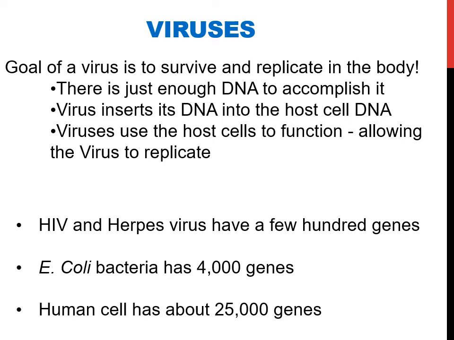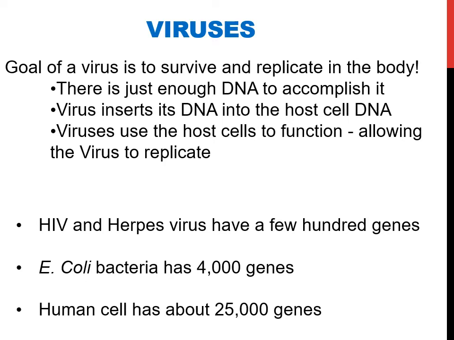Now, luckily, most of the time, your immune system catches up with the virus and destroys it. There are some viruses that can remain latent in your body, and we mentioned some, such as herpes simplex 1, herpes simplex 2, HIV, the shingles virus, which is the varicella zoster virus.